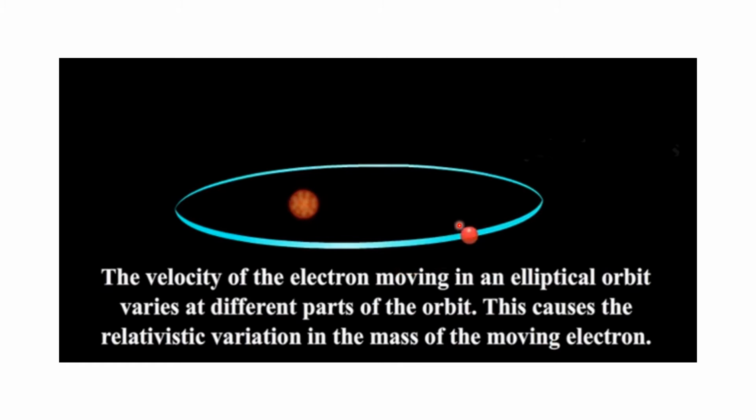Suppose the electron is present here, its velocity is different from the electron which is present at the other position. It may be on the other side or at any instant of time. Its position changes, and along with that, velocity is also changing. So this causes the relativistic variation in the mass of the moving electron.